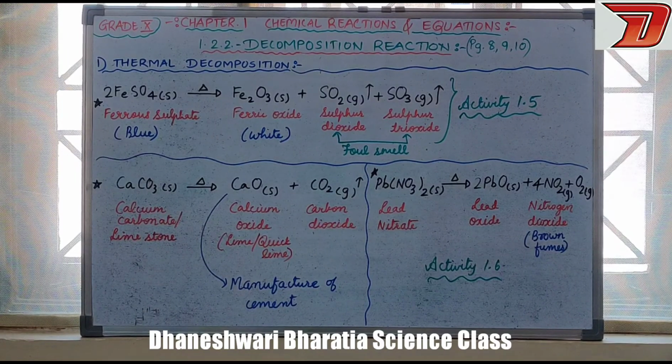So when heat was given, those water molecules evaporated, and this was the product which will be noticed in the test tube. Is this clear? So please note it down in your notebook, right? With this activity 1.5, okay? You can note it down in the textbook also.